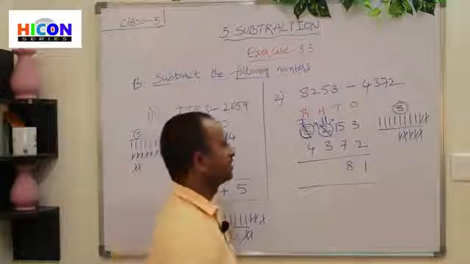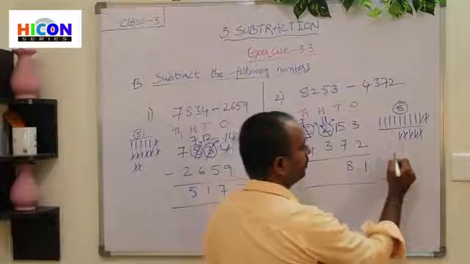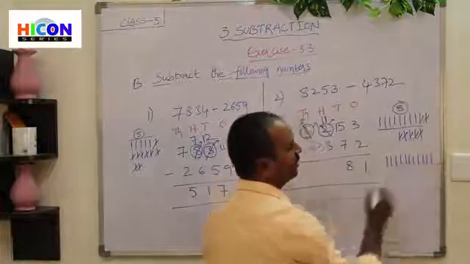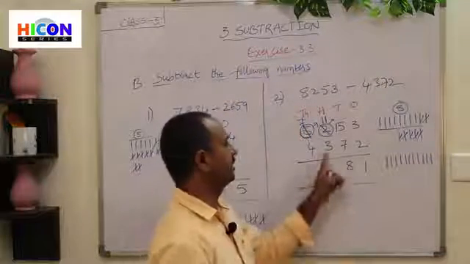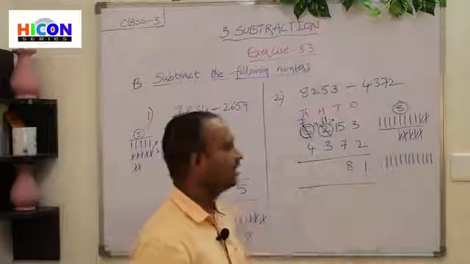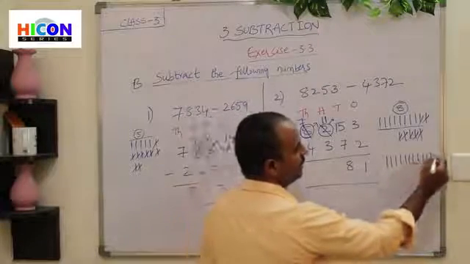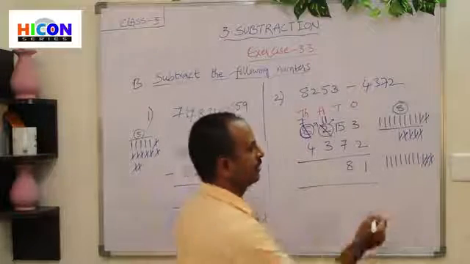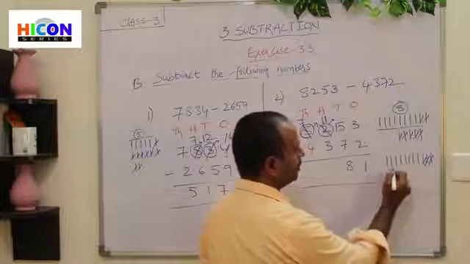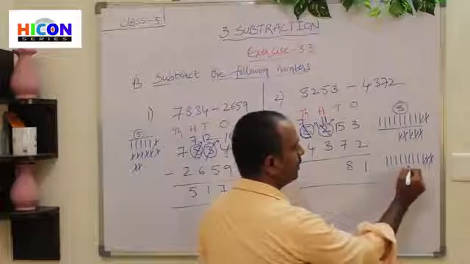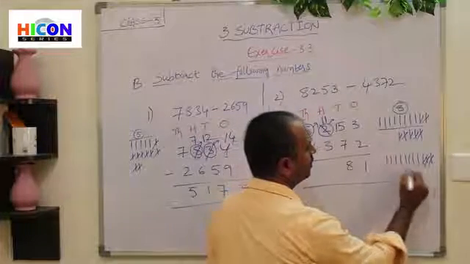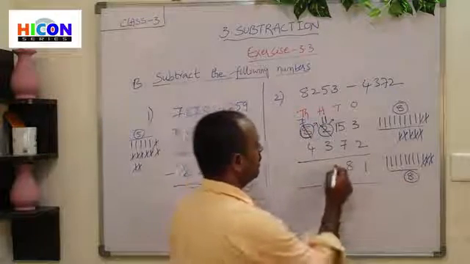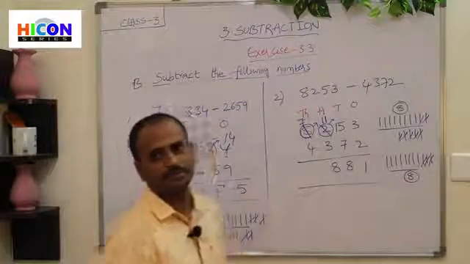Draw 11 lines in your notebook. 1, 2, 3, 4, 5, 6, 7, 8, 9, 10, 11. And what is the second number here? 3. So strike off 3 lines among these 11 lines. 1, 2, 3. And count the remaining lines. 1, 2, 3, 4, 5, 6, 7, 8. Children, there are 8 lines remaining. So write 8 under hundreds place.